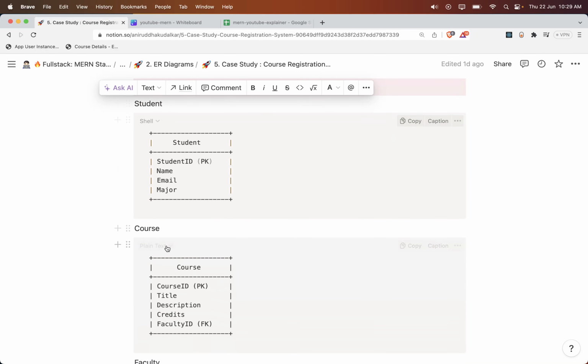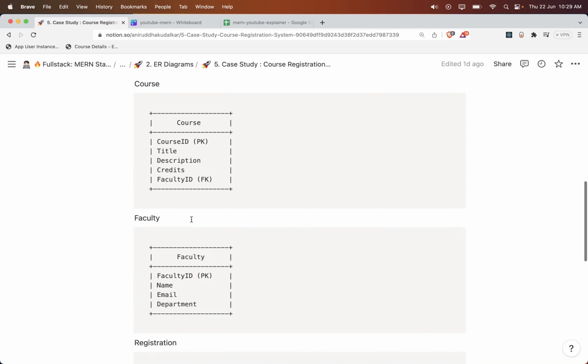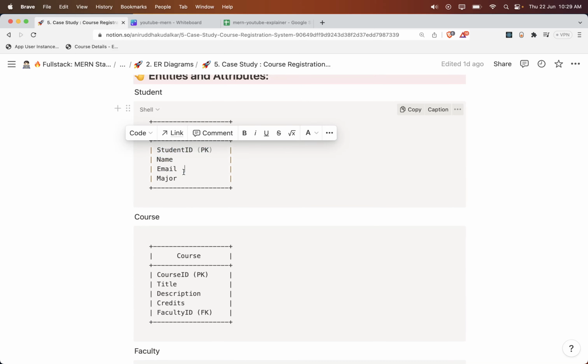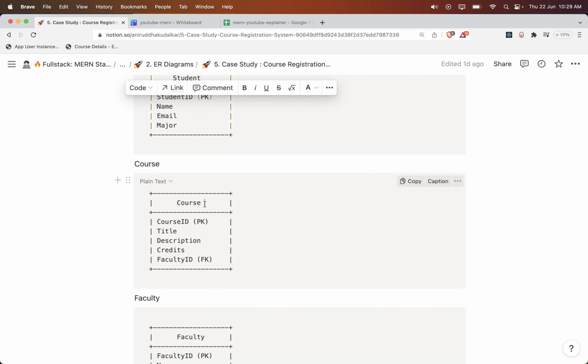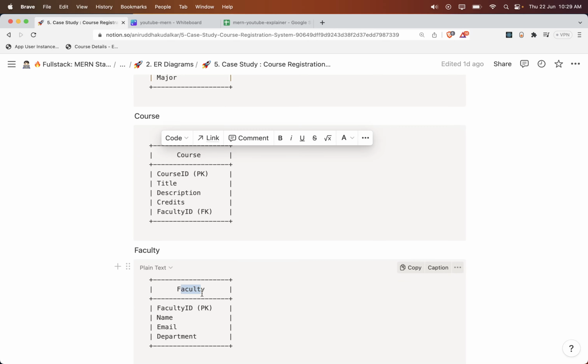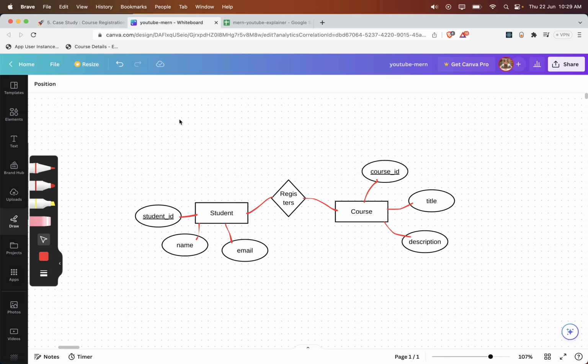I have created this just for the student and the course. So you can refer to these tables just to see how many attributes are there, and what is the name of the entity. This can be the name of the entity, this can be the name of the entity, like that. And here I have written the relationships also, many to many relationships. Student and course have a many to many relationship.